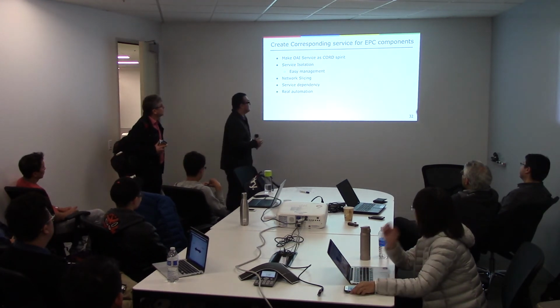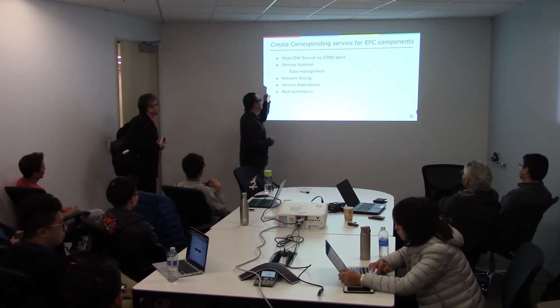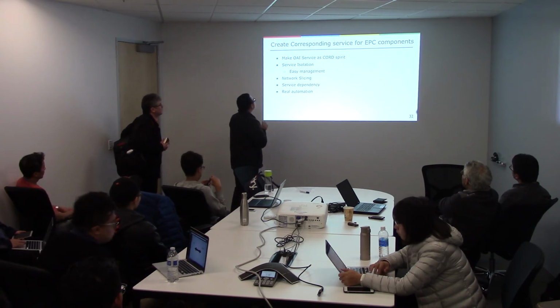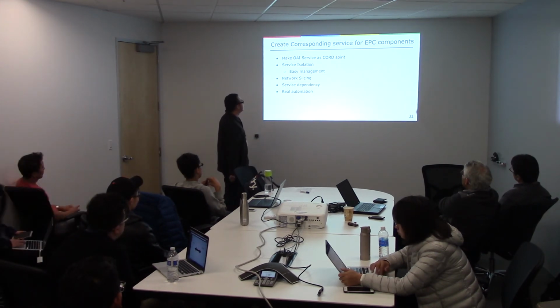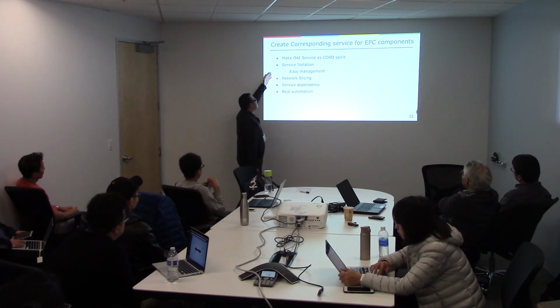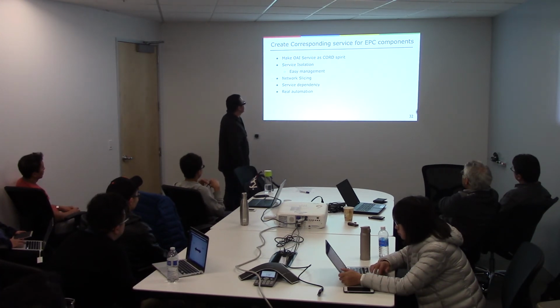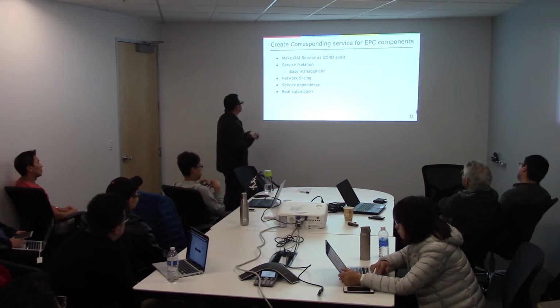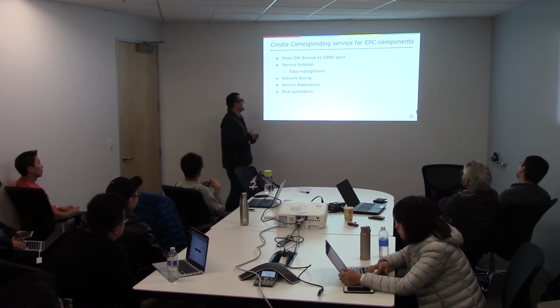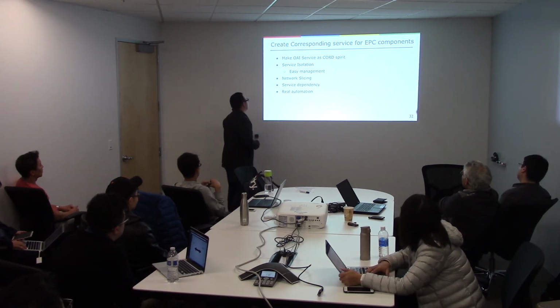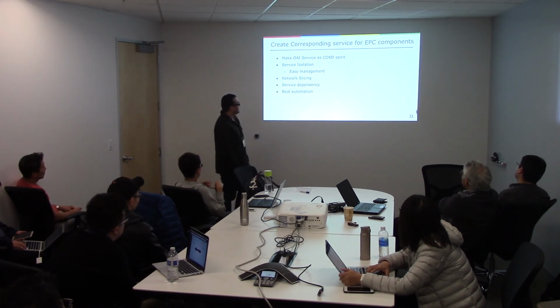So for the real core separation, we need to separate these 3 into different services, and then we can do service isolation, and it will be easier to manage. And then we will try to do some network slicing. And the last thing we want to do is the real automation.